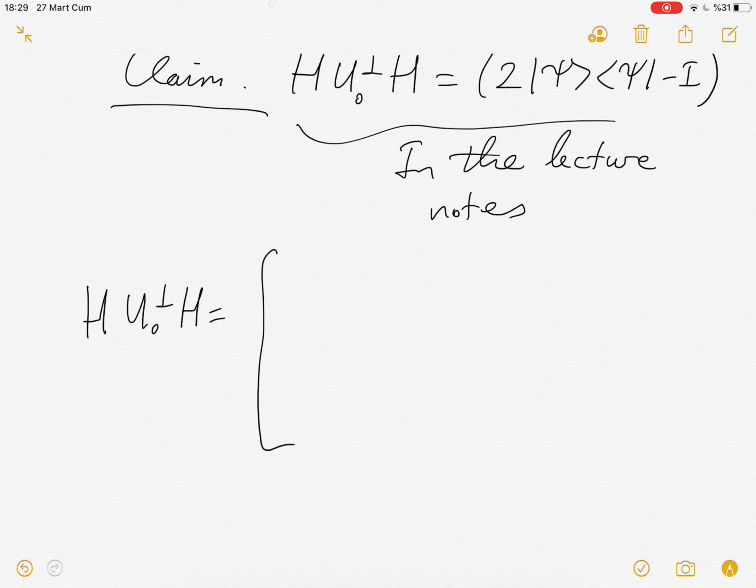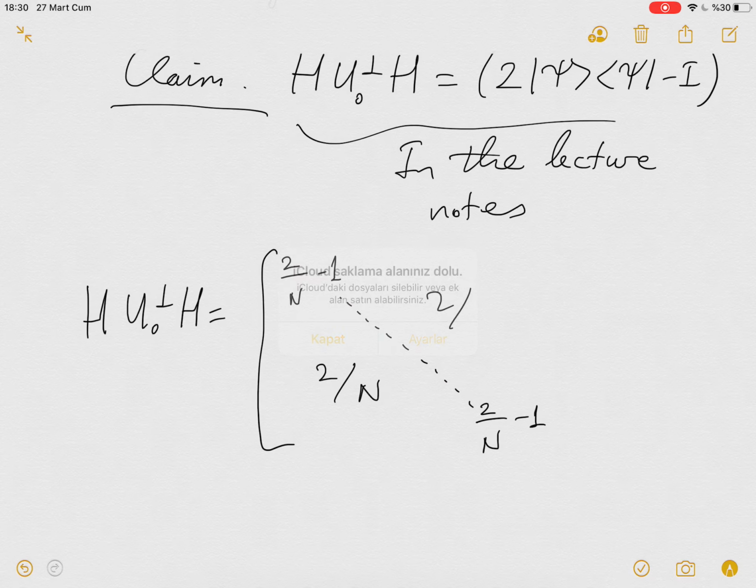But actually, this matrix, this h times u0 perp h, is equal to something like this: the matrix 2 divided by n minus 1. And along the diagonal we have the exact same value, 2 over n minus 1. And everything else is 2 over n. Okay, but along the diagonal we have 2 over n minus 1.